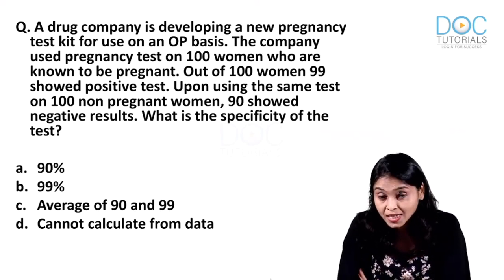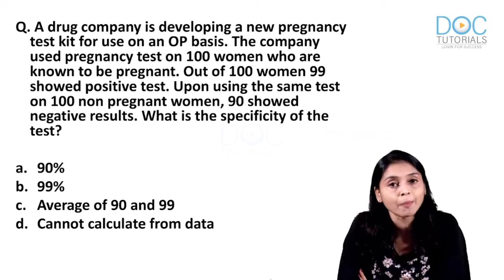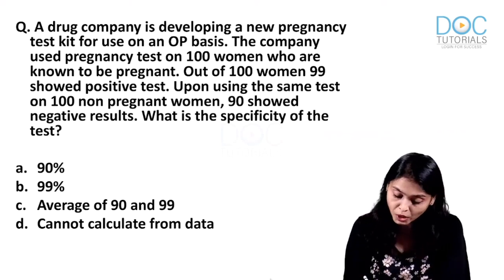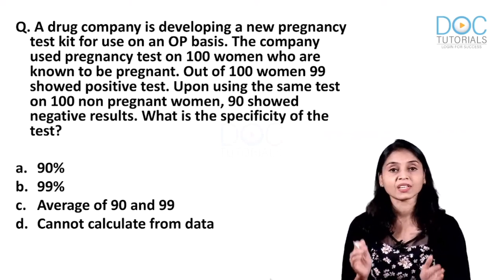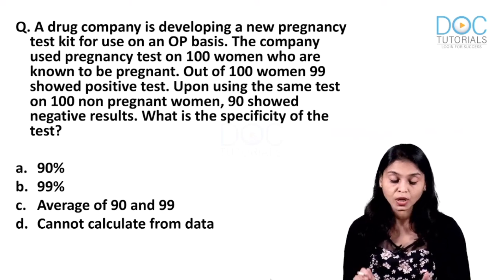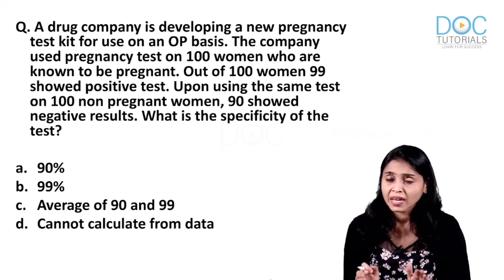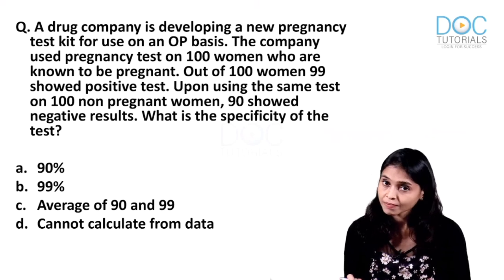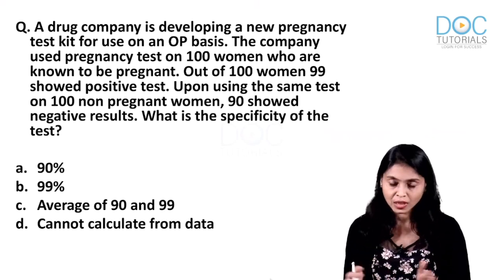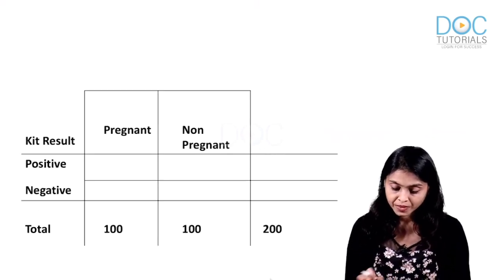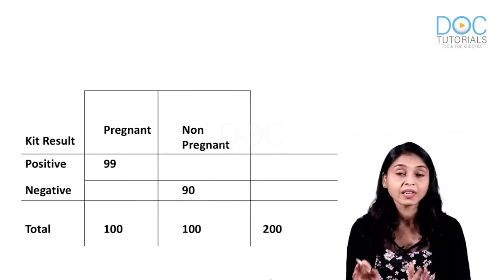Here, the condition is pregnancy. So you have 100 pregnant women, 100 non-pregnant women, and the test results are also given based on a new pregnancy test kit. Now, given time, won't you be able to do it? Okay, you can do it, right? So let's quickly go through the answer. This much is already given in the question.